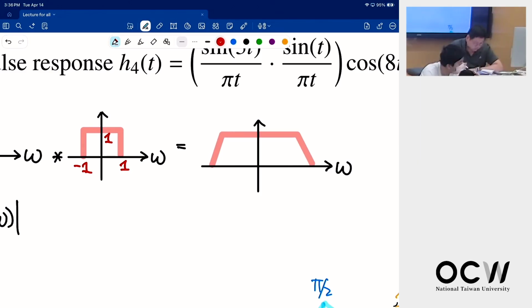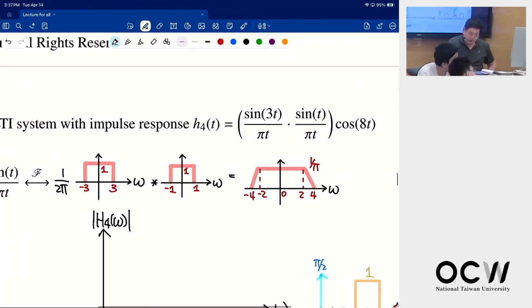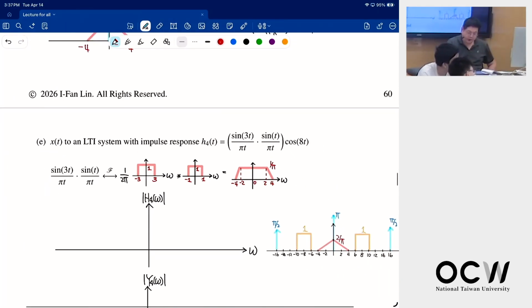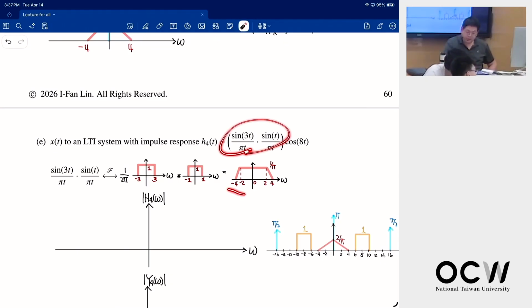From -4, 0, 4, 1 over pi, and then this is 2. Here is 2. Okay. So now this in frequency domain here.